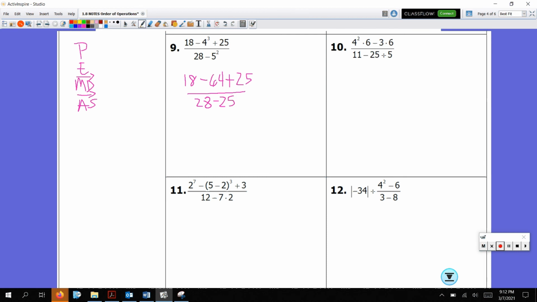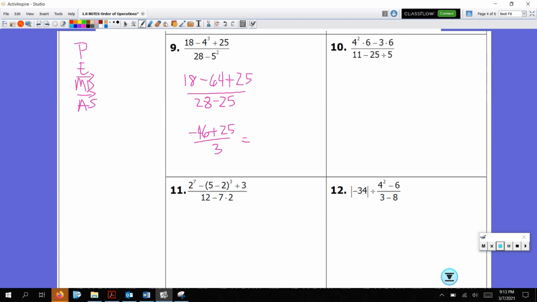And I'm just going to keep reducing. So in the numerator, I have addition and subtraction. 18 minus 64 is going to come first. So 18 minus 64 is going to give us negative 46 plus 25 over, and then in the denominator, 28 minus 25 is 3.